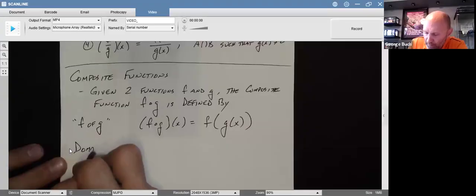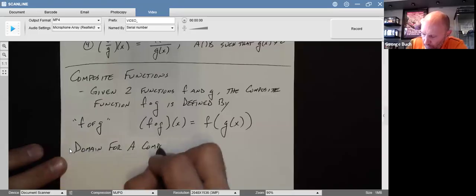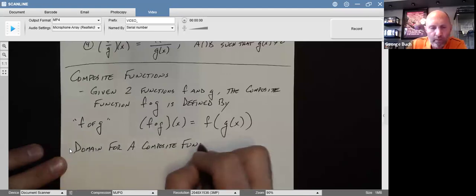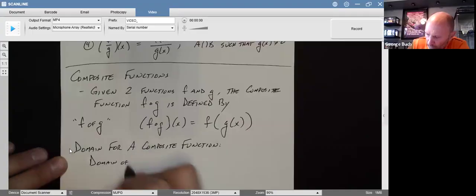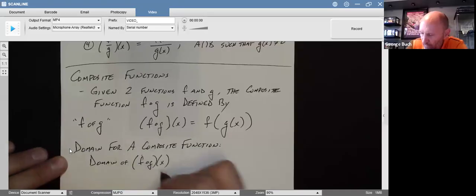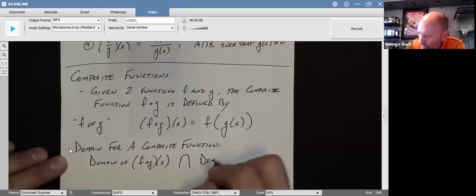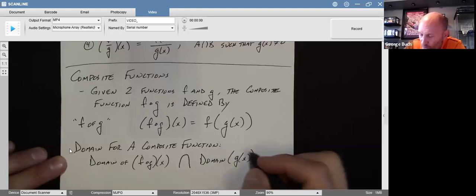So the domain for a composite function, it's the domain of this guy, f of g of x, intersected with the domain of g of x, which I'm going to sort of caution you here.